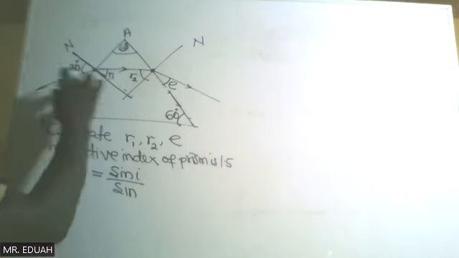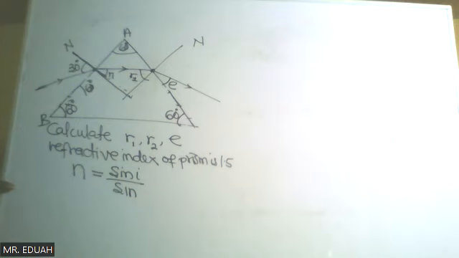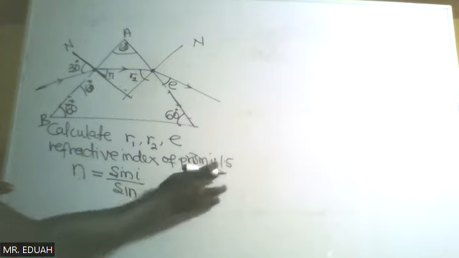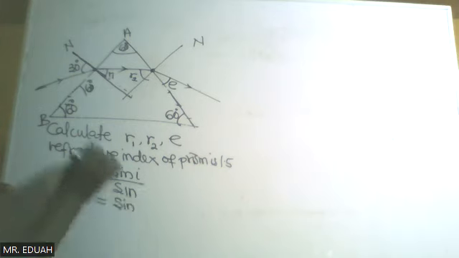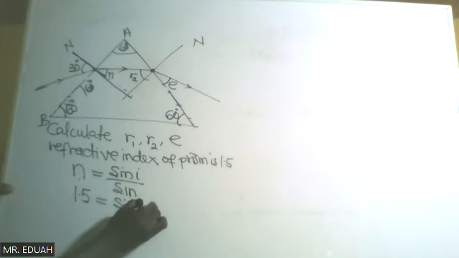This is at the plane AB or BA. So we have the refractive index of the prism given to us as 1.5. So 1.5 is equal to sine of I, which is 30, over sine of R1.